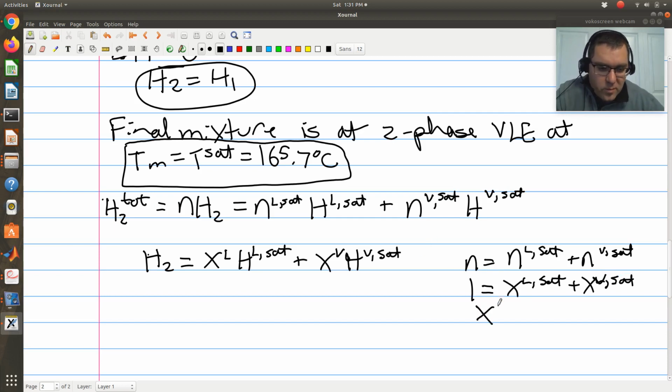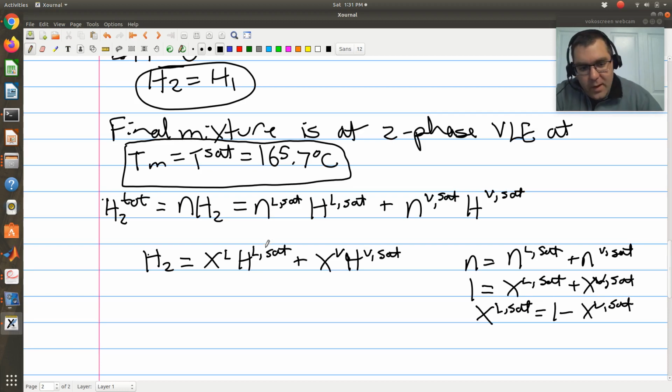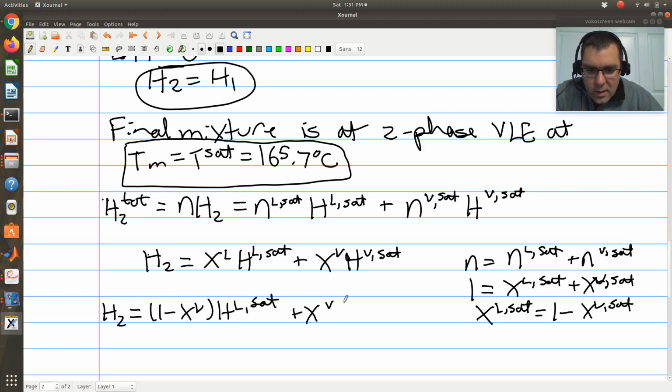So let me solve in terms of V. So XL sat is equal to 1 minus XV sat. So if I come back over here then, I can write H2, subscript 2 I was using. H2 is equal to 1 minus XV times HL sat plus XV times HV sat.